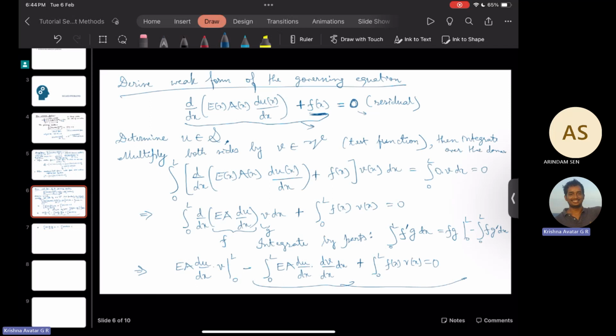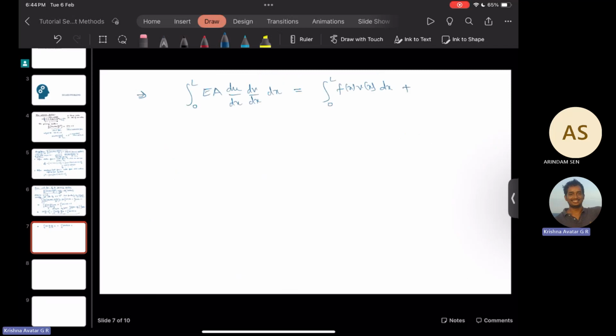Now you see that this term will go on the right, and then we'll just transpose everything.